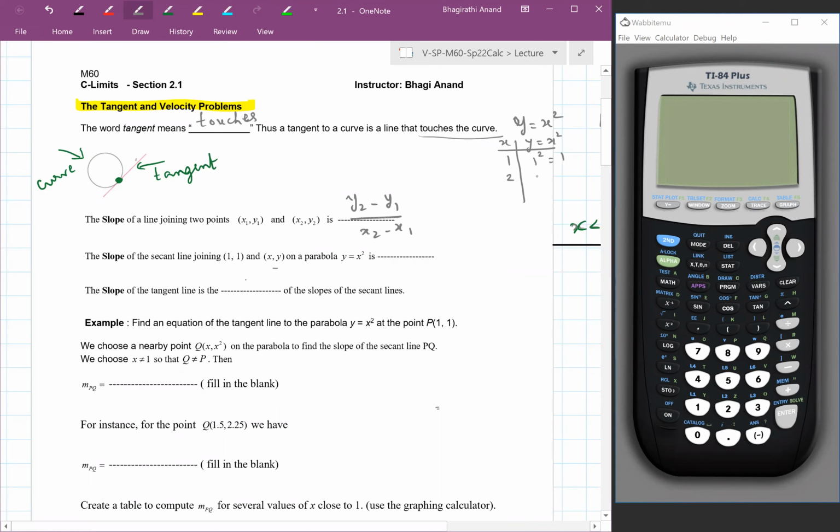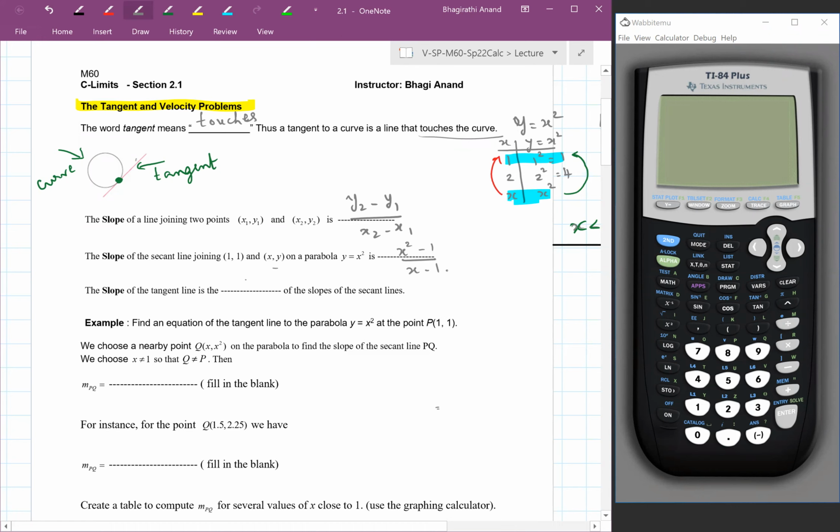X coordinate 2, the y coordinate is its square. X coordinate x, the y coordinate is its square. So we are taking these 2 points, (1, 1) and (x, x²), and we are finding the slope of it. That means we have to do the difference in y over the corresponding difference in x, correct? So it is (x² - 1)/(x - 1).